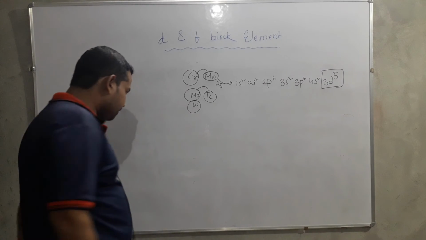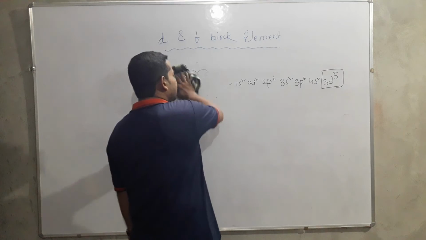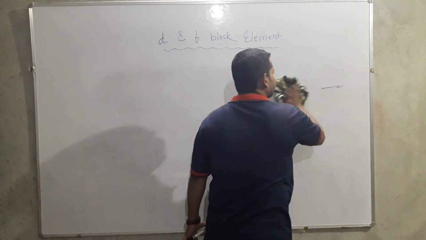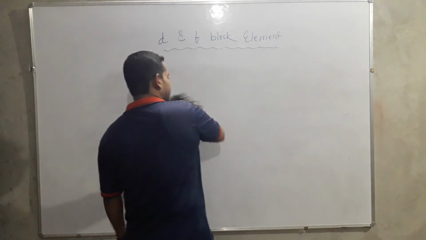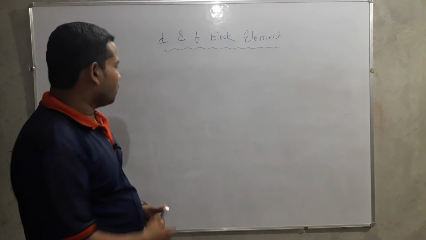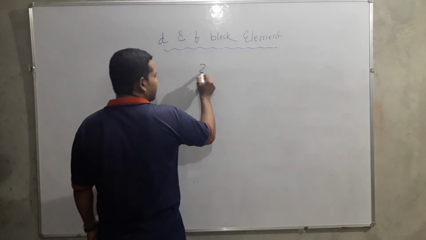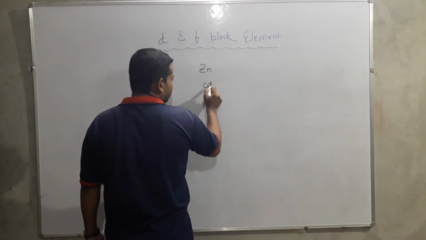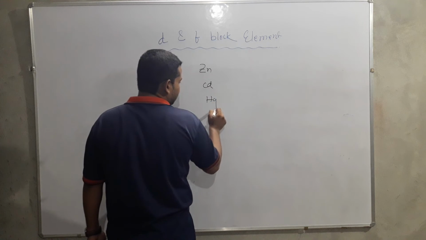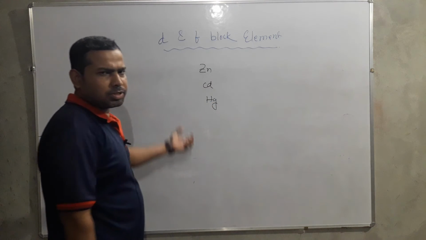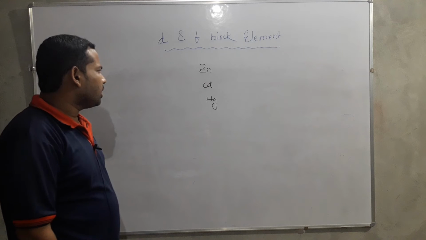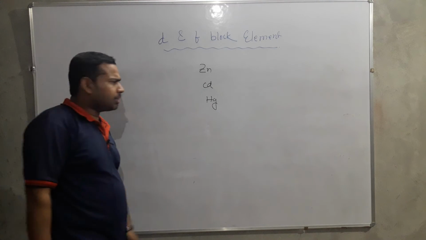Another example, zinc, cadmium and mercury. These are soft metals. Why are they known as soft metals?